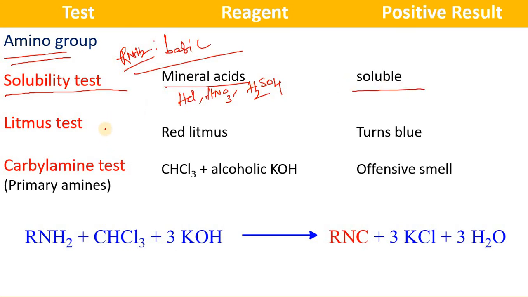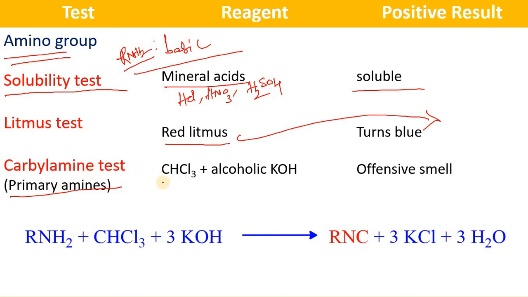Since amines are basic in nature, they convert red litmus into blue. Carbylamine test, this one is very important to identify primary amines. You can identify both aromatic and aliphatic primary amines by using carbylamine test.